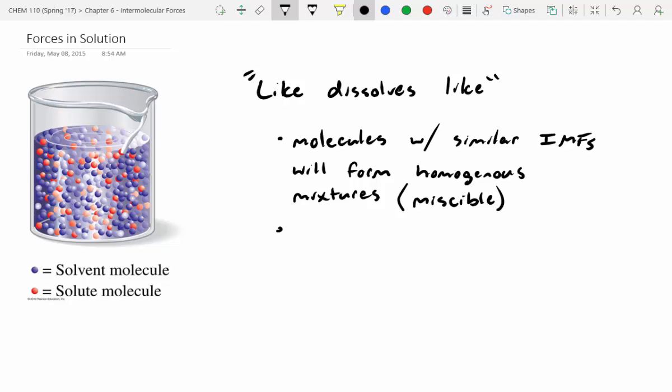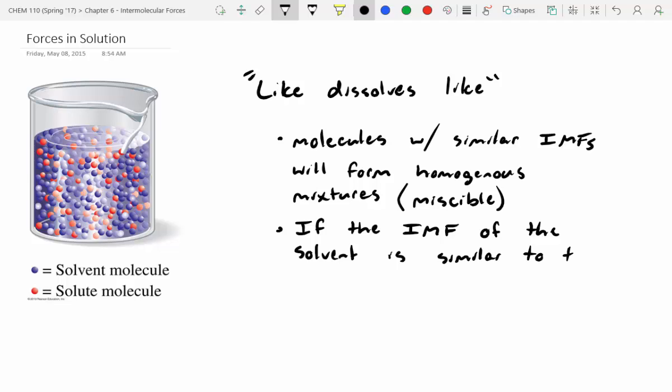So let's describe this another way. If the IMF, the intermolecular force of the solvent, is similar to the IMF of the solute, then they will mix.